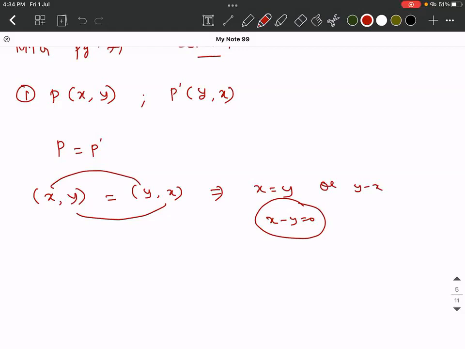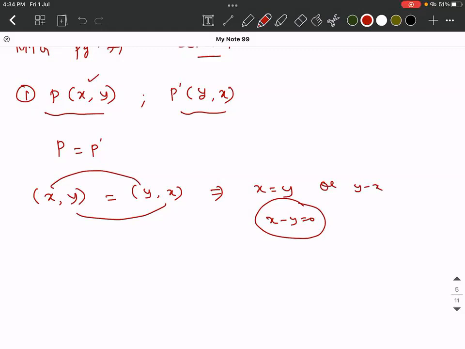So did you guys understand this problem? Did you understand the solution of this question? This point and this point are the same. So this is an ordered pair. You know what an ordered pair is? I explained it in coordinate geometry.